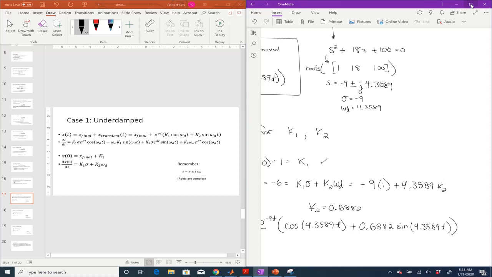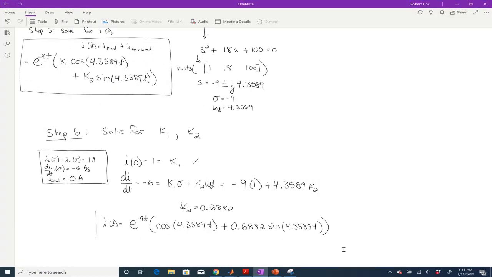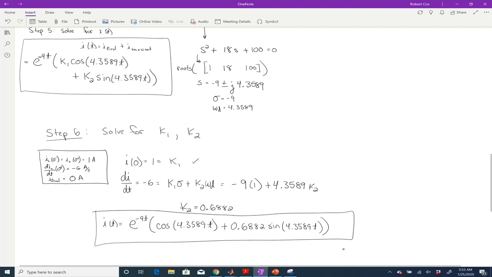That ultimately is our final answer. In physical terms, this is a cosine and sine with that frequency, 4.3589 radians per second, and its amplitude is decreasing because of the exponential function that it's multiplied by. So that's what we get when we have an underdamped response.